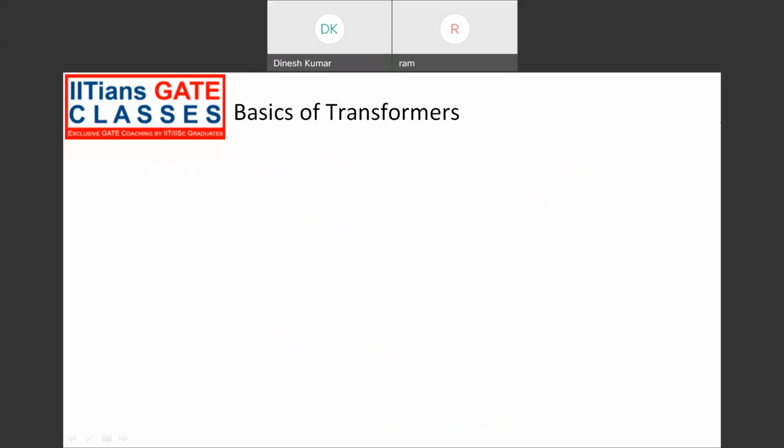Now let us consider the vector diagram of a transformer if there is a load connected on the secondary winding. For an ideal transformer, this is the flux, and supply voltage V1 equals minus E1. This is E1, E2. Ideal, right?